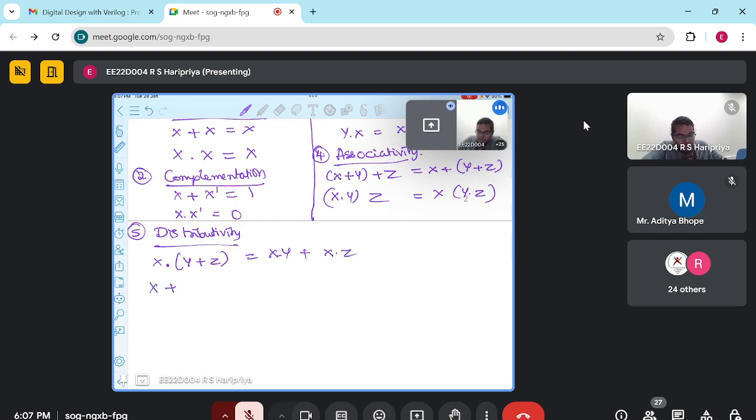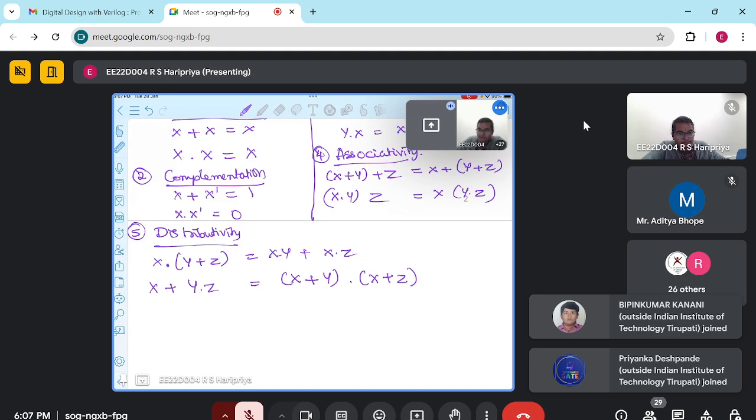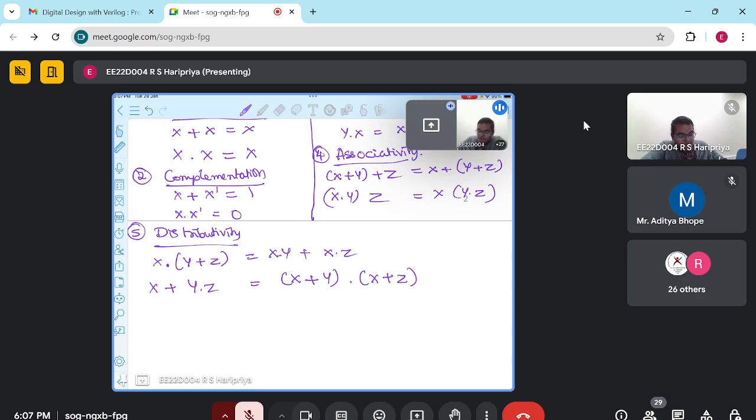Similarly, OR is also distributive over the AND operation, so it is equivalent to x plus y, and x plus z. And also this one, let me take some example.